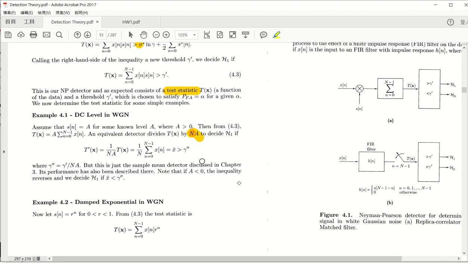They are all known constants. So when you are comparing one thing with the other, you divide it by known constants. That is something equivalent. This is very important.